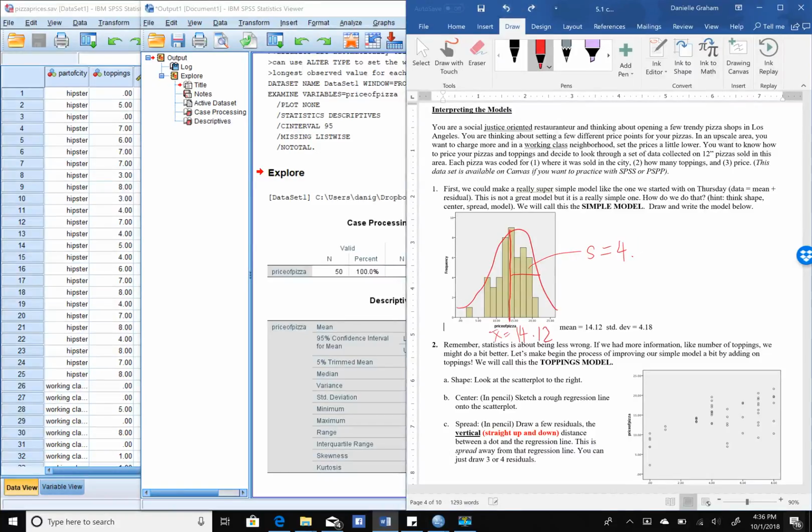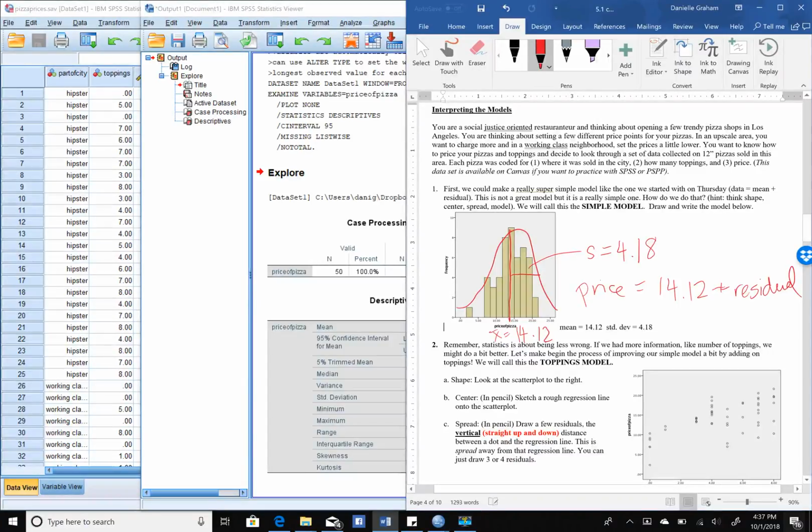Okay, so that shows our shape, our center is our mean, our spread is our standard deviation, and then we could do our super basic model where we're saying basically price equals the mean plus residual.